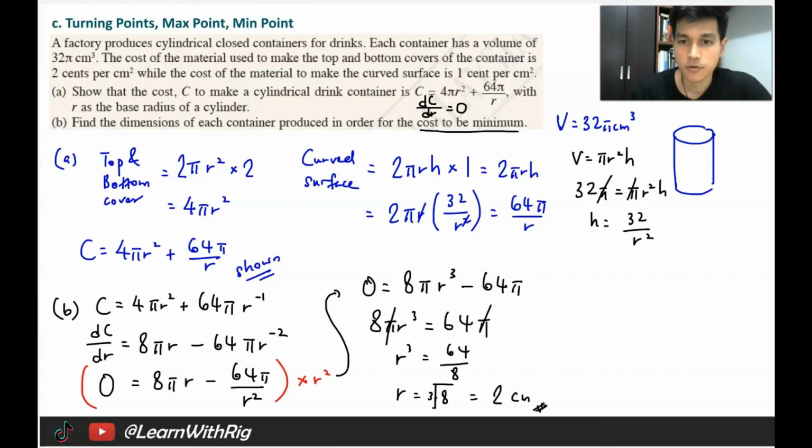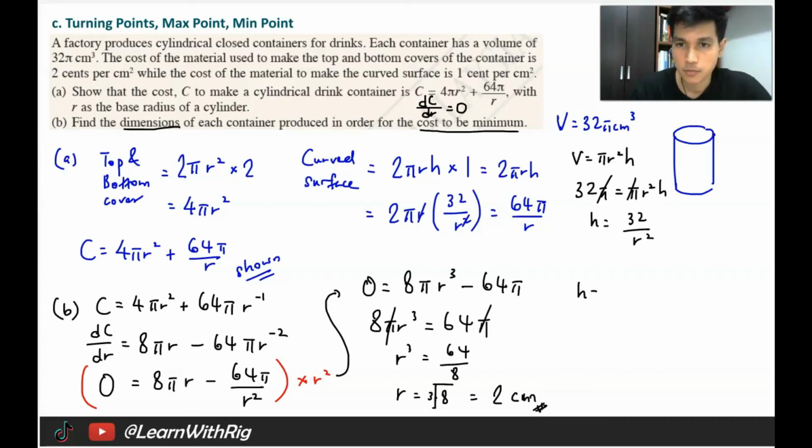Okay, you have already found, they ask for dimension, right? Find the dimension. So you need to find the r and also the height. The r you have already found, 2 cm. Now how do you find the height? Just use back the formula which you found just now.